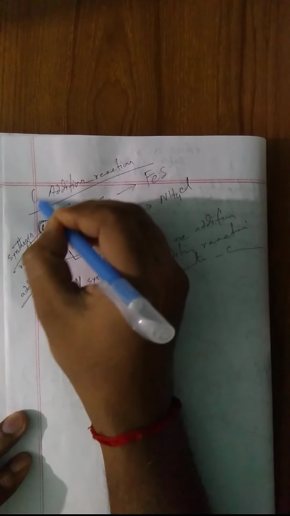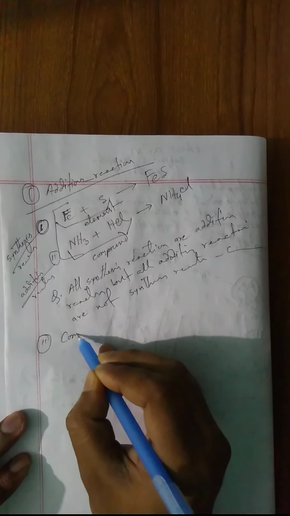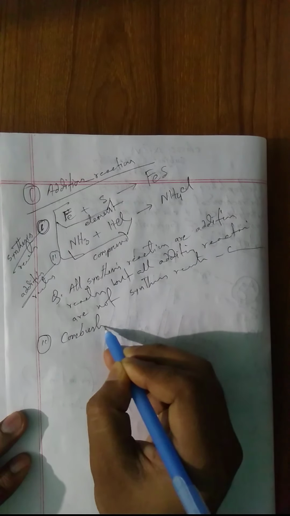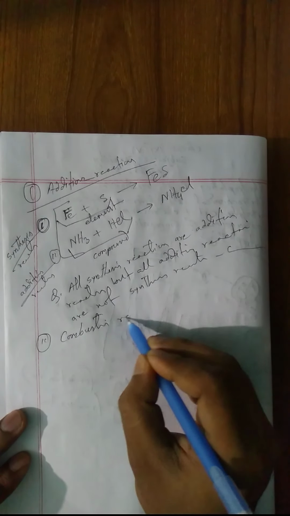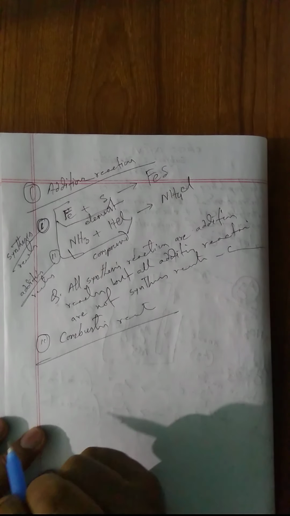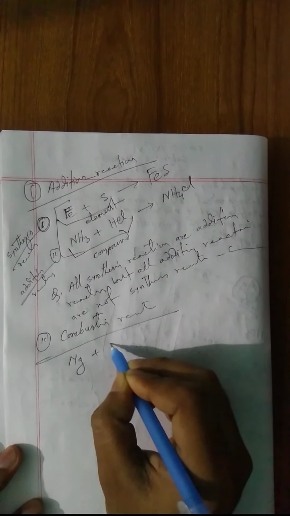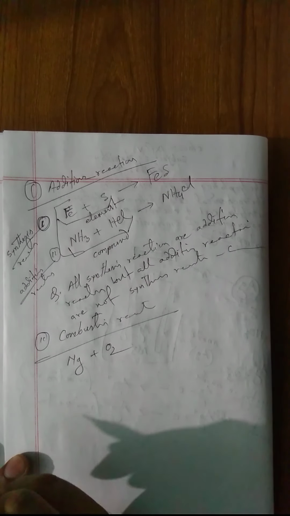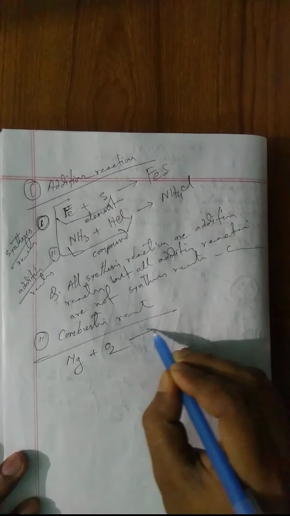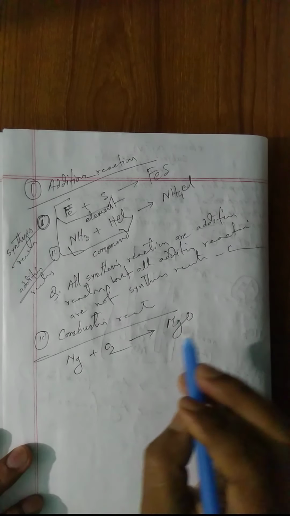So next, combustion reaction. The reaction in which a substance reacts with oxygen and produces a product of different characteristics is known as a combustion reaction.